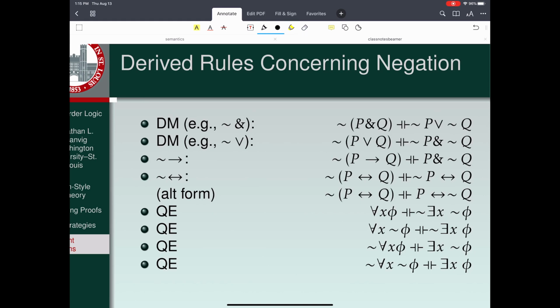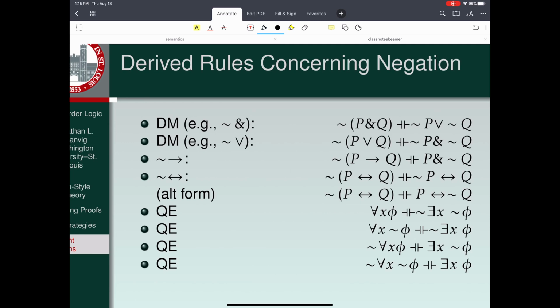So among the most important derived rules are rules that let you run a negation through some other connective. So you've got a negation governing a wedge. You've got a negation governing an ampersand. De Morgan's rules tell you how to drive the negation across that connective and end up with a new formula that isn't primarily a negation formula.